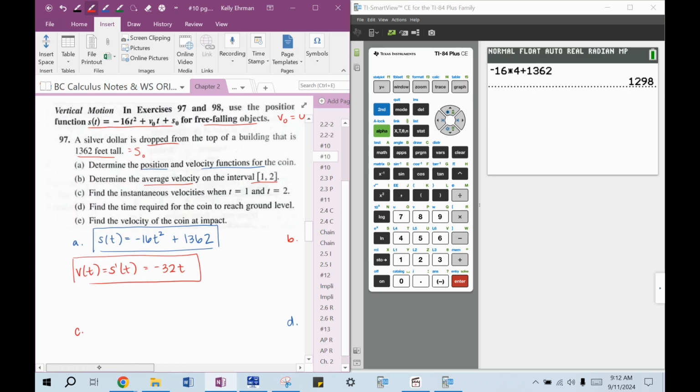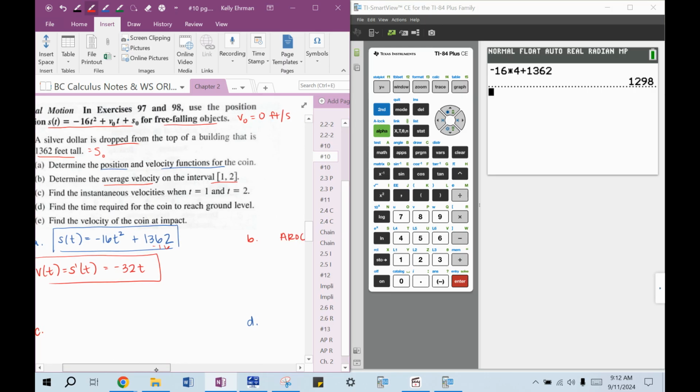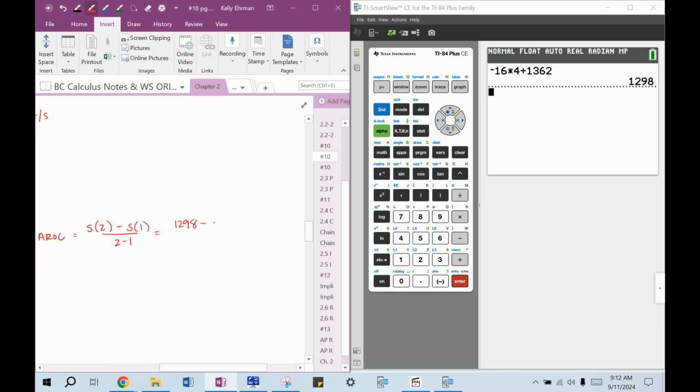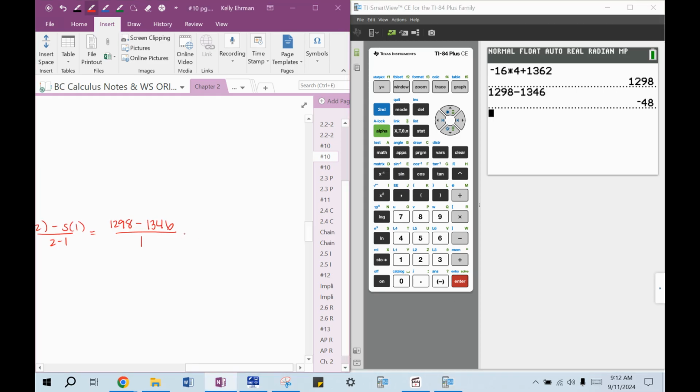And then if I put 1 in there, negative 16, I guess I'll do this without a calculator, negative 16, so that's going to give me 1346, over 1. So I'm getting negative 48 for that.